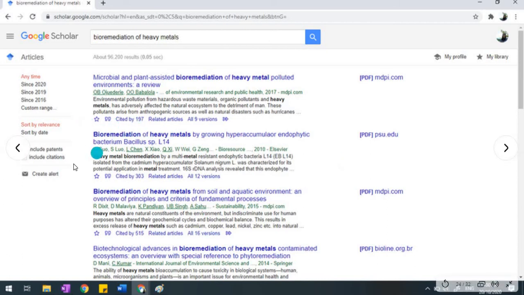Okay, and you can have those sorting here. You have since 2020, since 2019, 2016. You can get the range of your search results. Okay, and then you can use this citation tool, which is that symbol here. Okay, this one you can click that and it'll give you citations that you can copy and paste in your references.